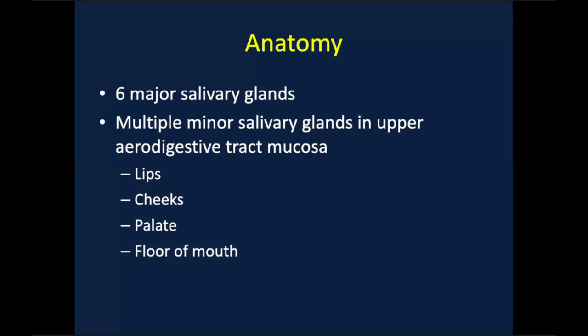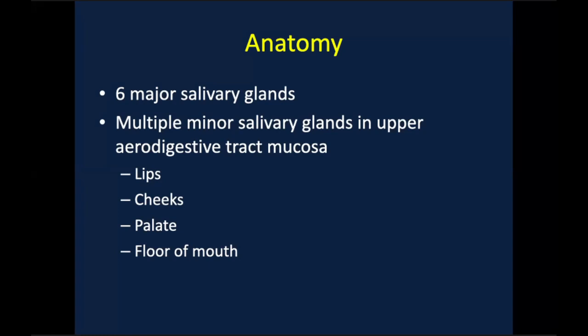So nothing major. You know there are two types of salivary glands: the major salivary glands and the minor salivary glands. The major salivary glands are 3 pairs, so altogether there are 6 salivary glands, 3 on the left side and 3 on the right side.